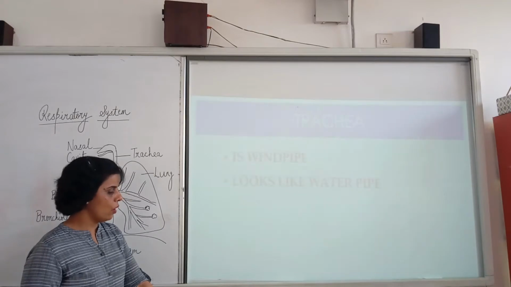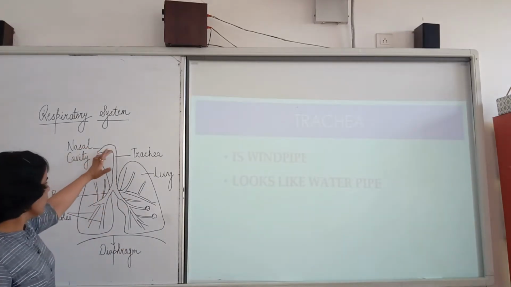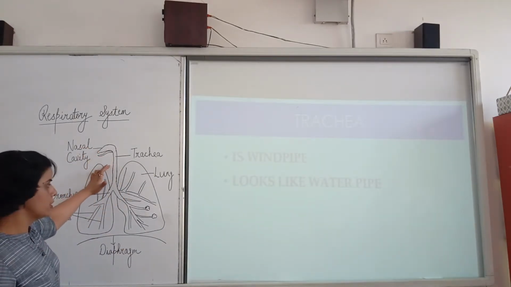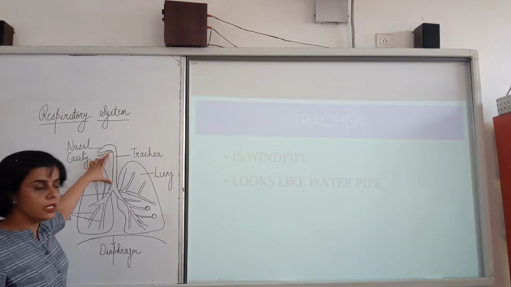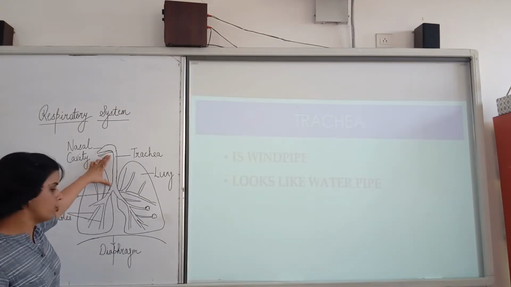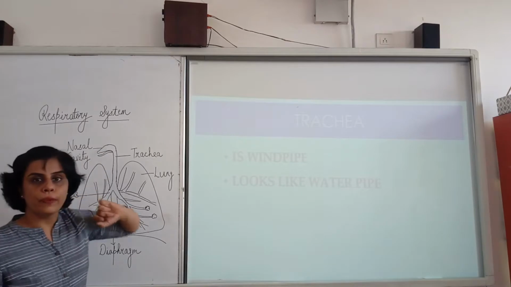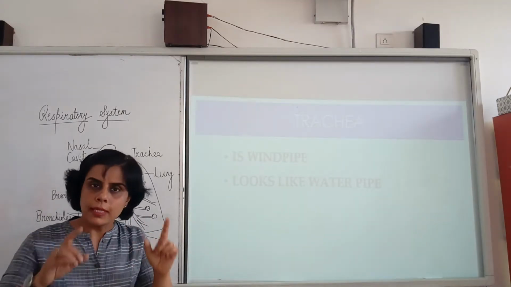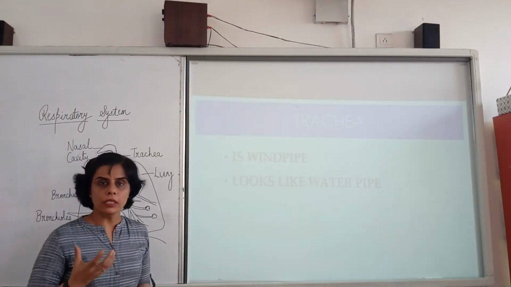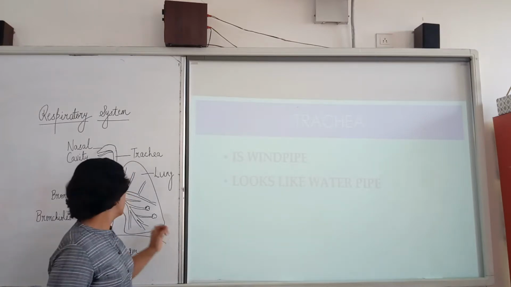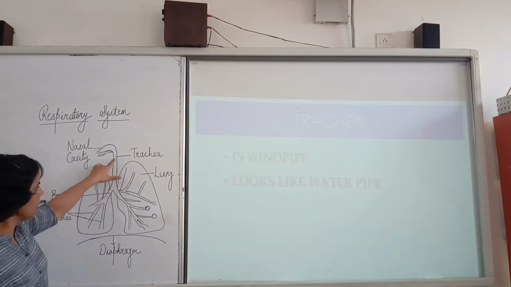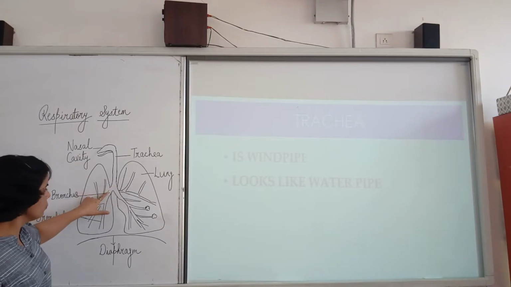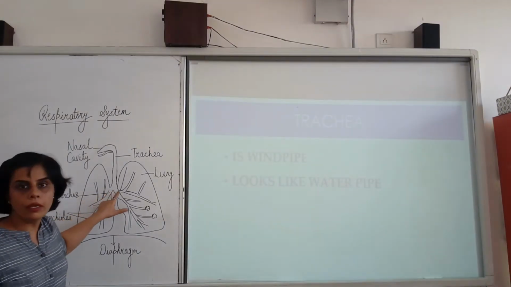Now, from the nose, the air goes to the trachea, which is a tube-like structure. It is also called the windpipe. It looks like the pipe which is below the sink in the kitchen, and the trachea is divided into two tubes called bronchi.